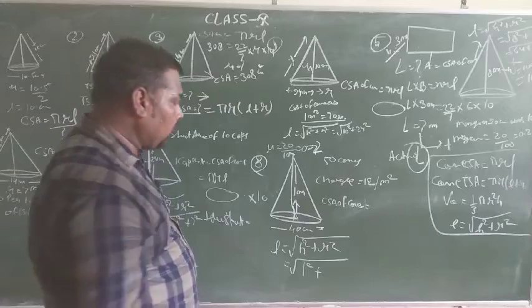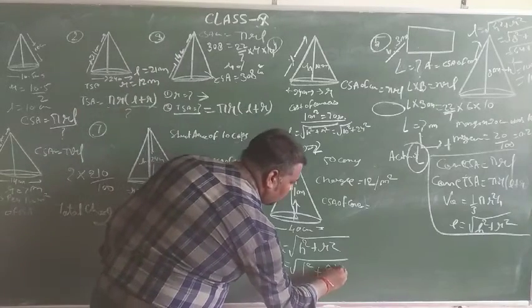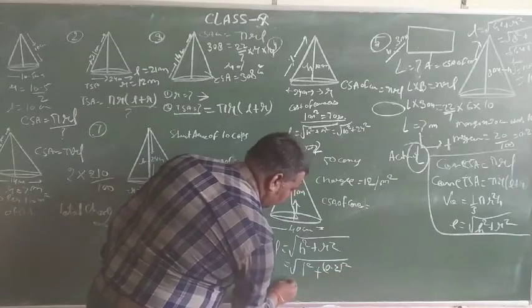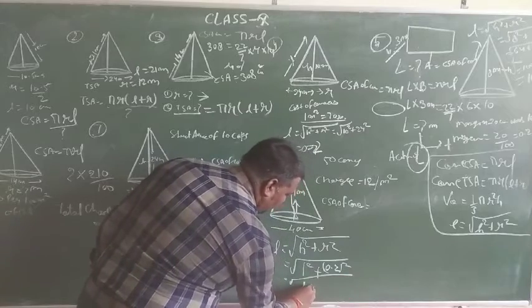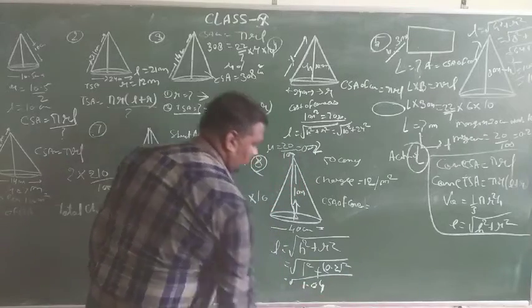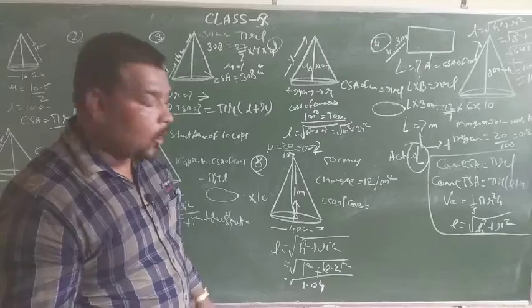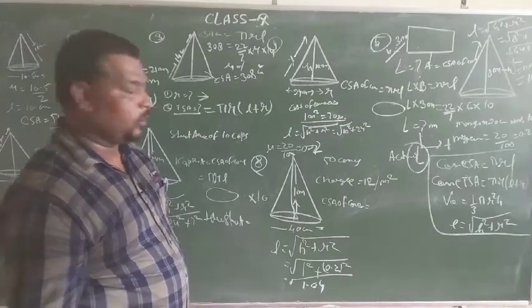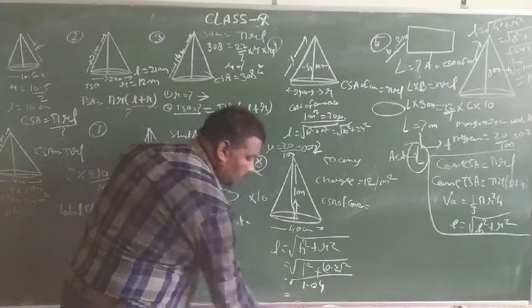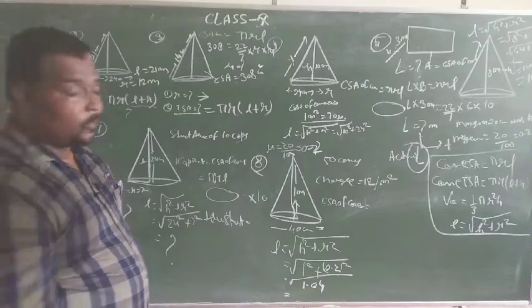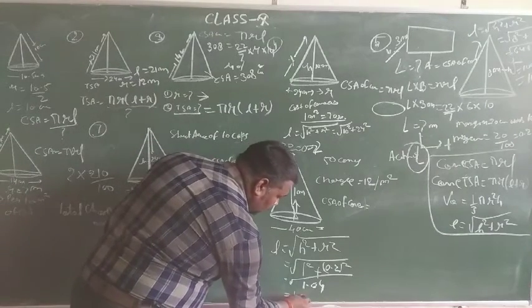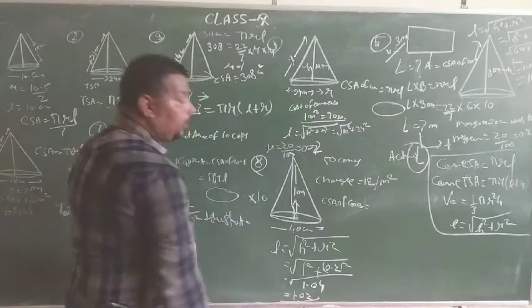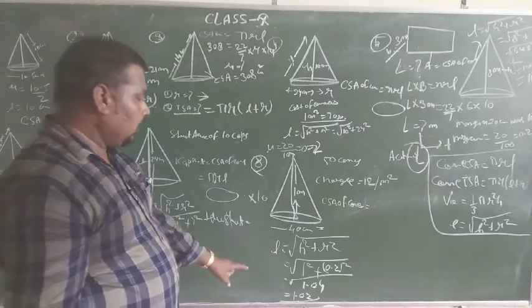Radius is 0.2, so 0.2 square. The answer is coming 1.04. And in your book also the value 1.04 is given. What is the value of 1.04? Given in the question as 1.02. That is the value of slant height l.